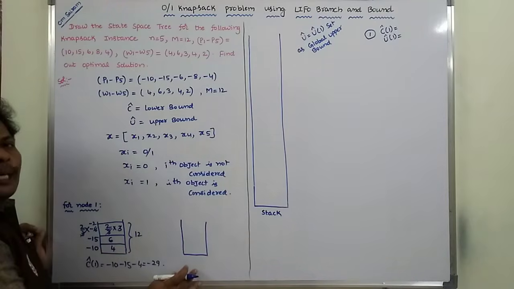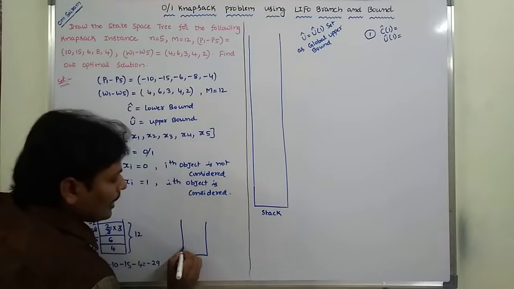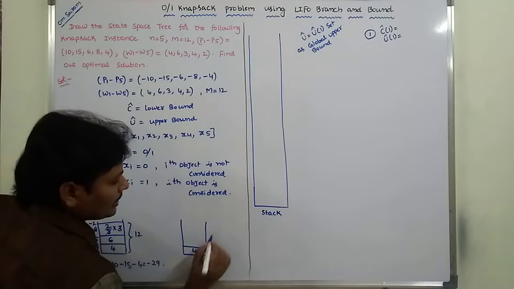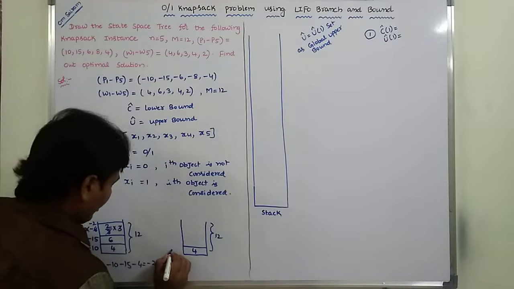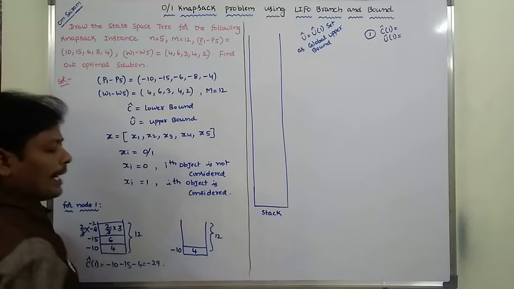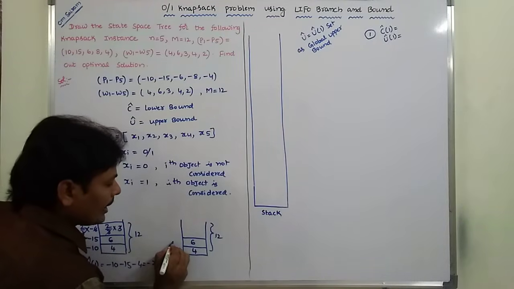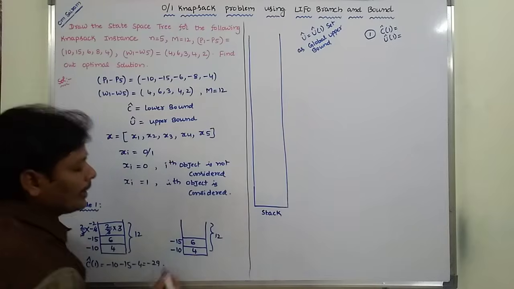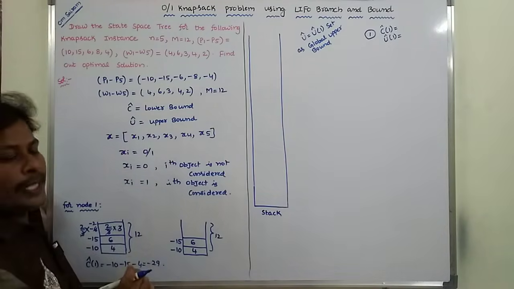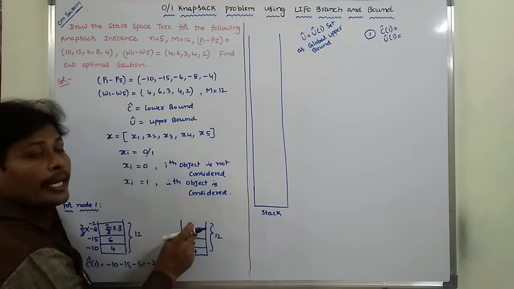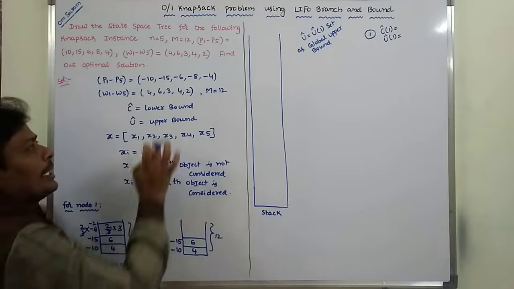While calculating U cap, fractions are not allowed. First, we are placing the first object into the knapsack. So what is the profit we are getting? Minus 10. Next, the second object is placed into the knapsack. Then we are getting the profit minus 15. The third object is not placed into the knapsack because the remaining capacity is 2, but the weight of the third object is 3.